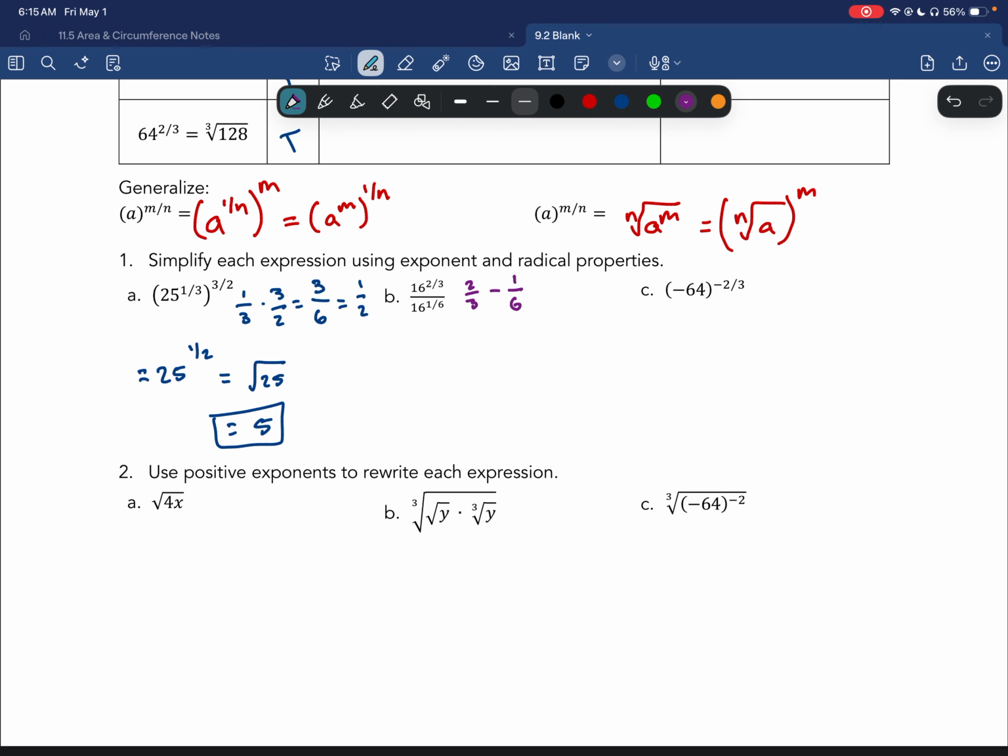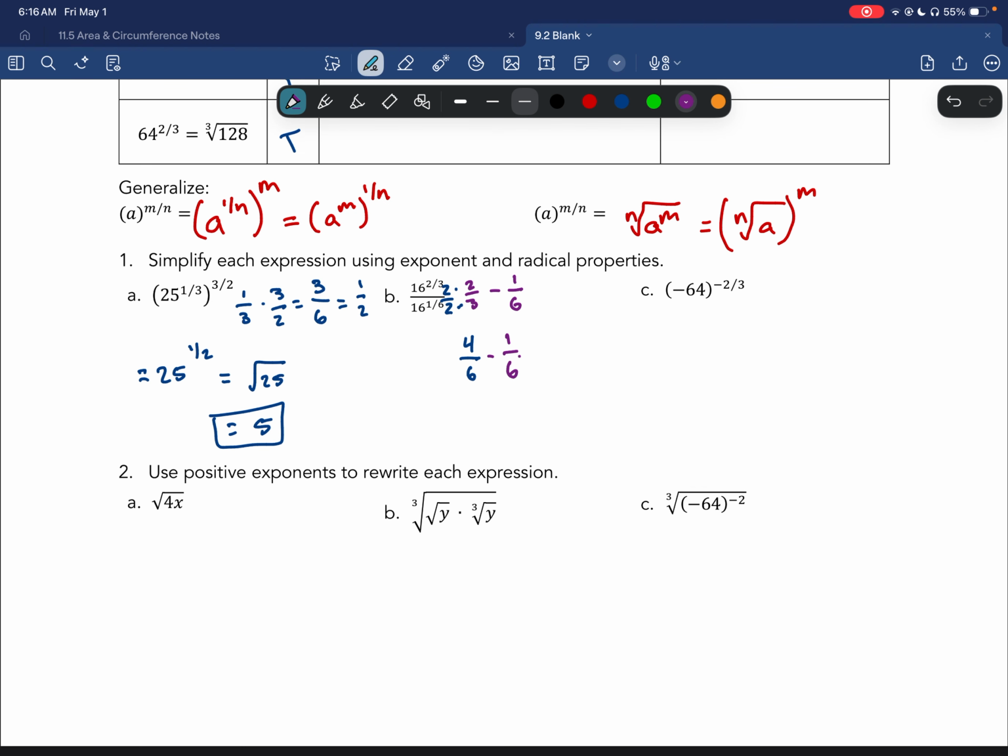So if I'm going to make this into a 6, I need to times that 3 by 2. And what you do to the bottom, you have to do to the top. So I'm going to multiply both of these by 2. So I'm going to get 2 times 2, which is 4, and then 2 times 3, which is 6. So I've got 4/6 minus 1/6.